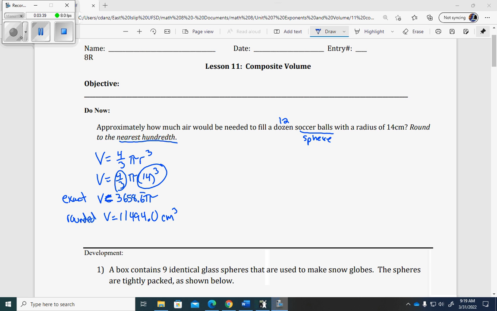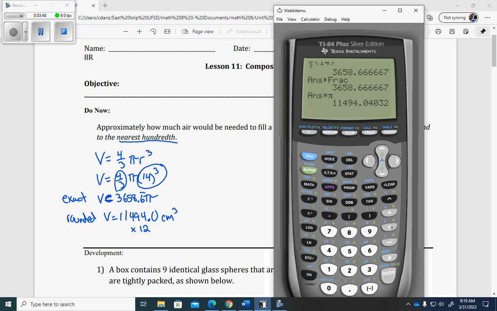Now remember, that's just for one soccer ball. So now I'm going to multiply this number by 12. And I get 137,928.5.